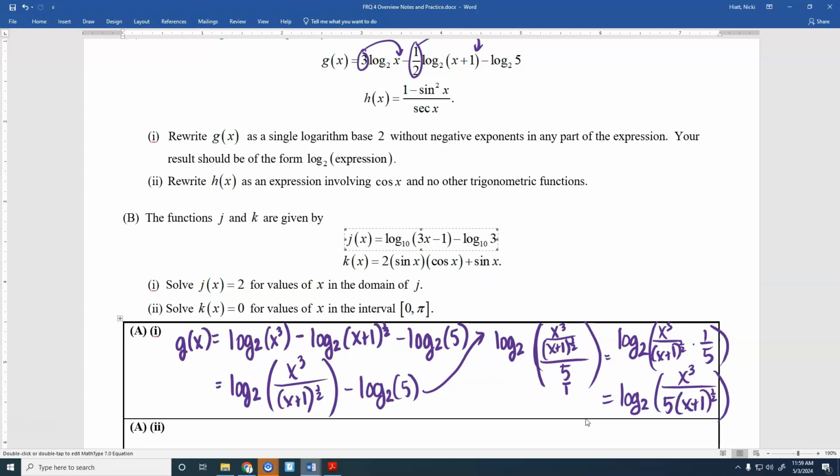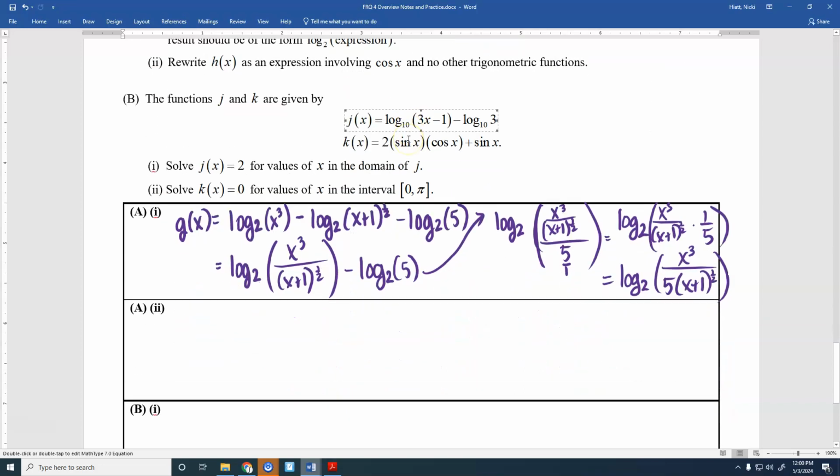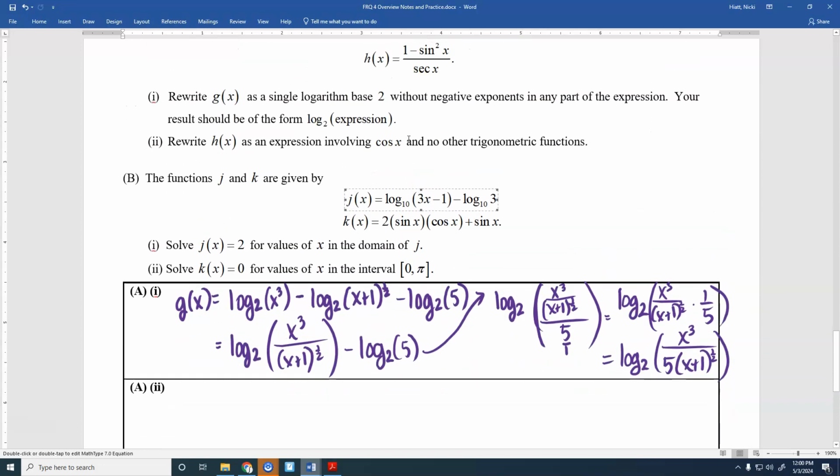2 is a trig one, so this is what we've been doing recently. You're supposed to rewrite only using cosine. And again, I think that you can't leave complex fractions for this, because when I have h of x equals 1 minus sine squared x over secant x, I can turn this into just cosine right away, right?